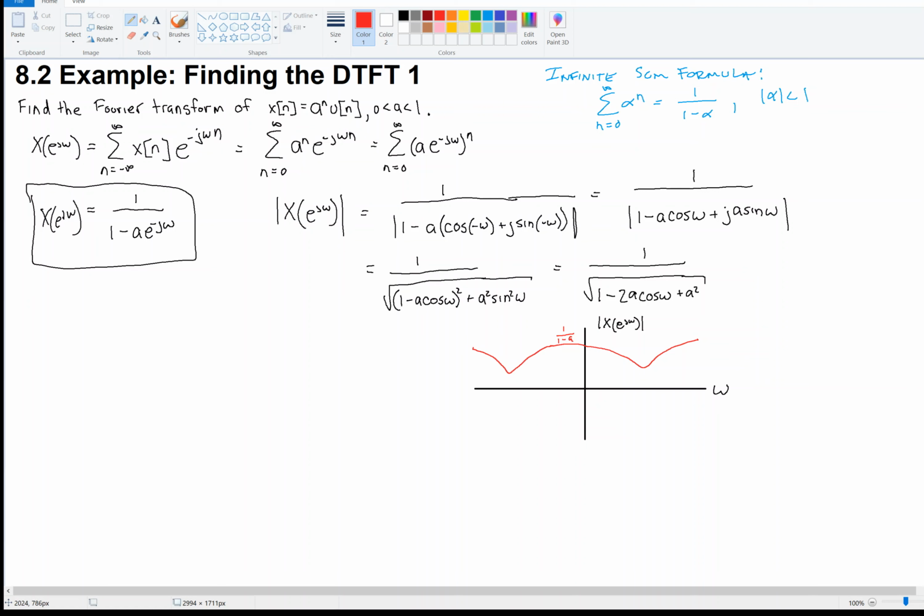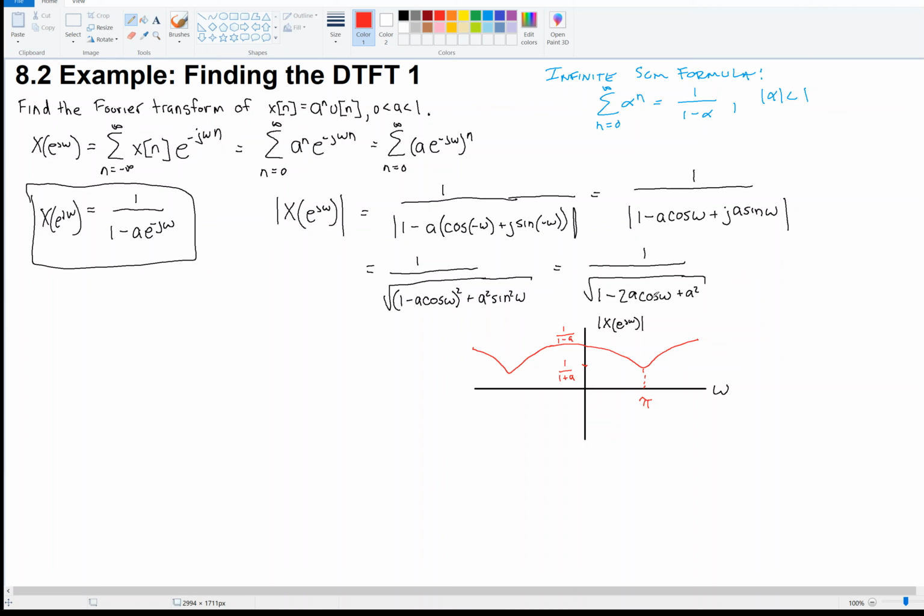Okay, and also at pi, you get a height of 1 over 1 plus a. So let me back up.